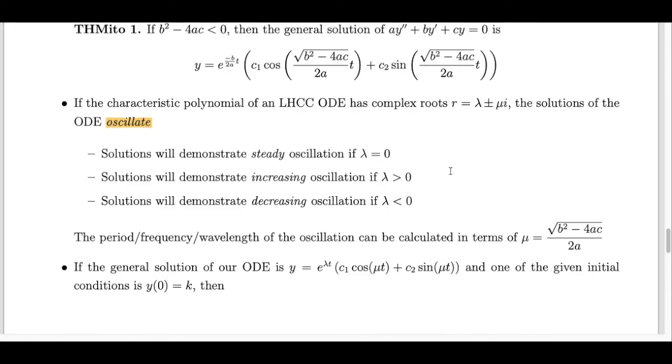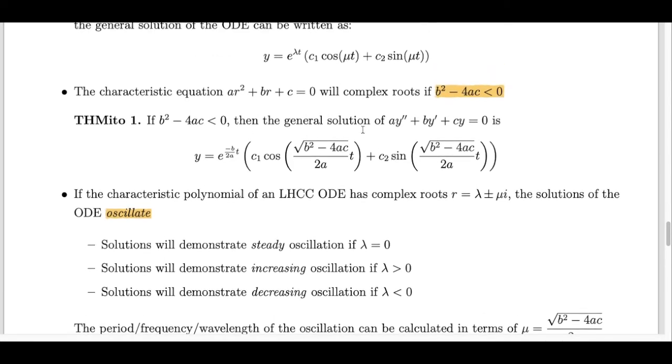Looking at the general solution from above, we note that here lambda is the coefficient in the exponent in a certain sense. So a lambda value of 0 will make this exponential term equal to 1, and so I will just have these oscillatory terms, sine and cosine, without any exponential increasing or decreasing the amplitude. So that's why I say here we have steady oscillation.